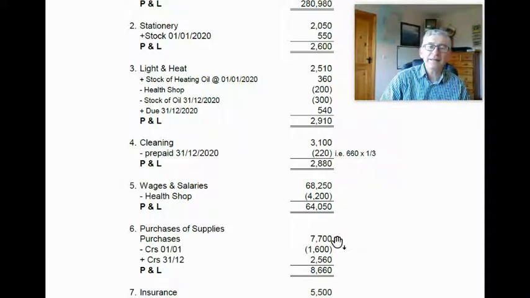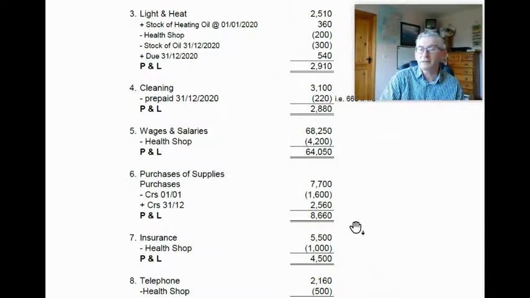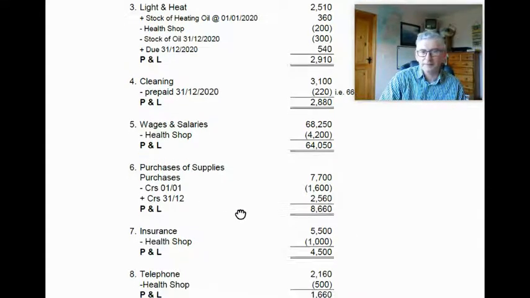So of that 7,700 that we paid, in actual fact, 1,600 relates to last year, so it's taken away from this year's figure. But then we have an amount that we owe at the end of the year. We haven't paid it yet. So to get the actual used or payable figure, we add that 2,560 and we get a profit and loss figure of 8,860.